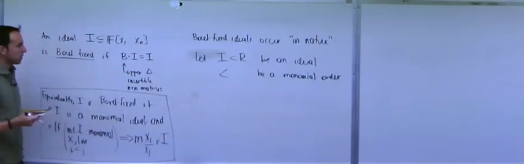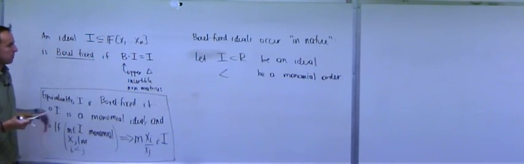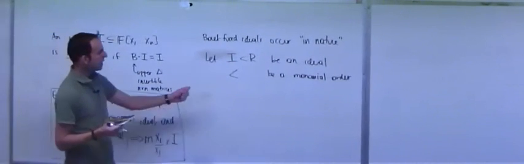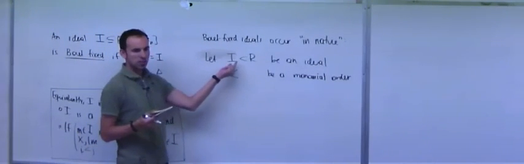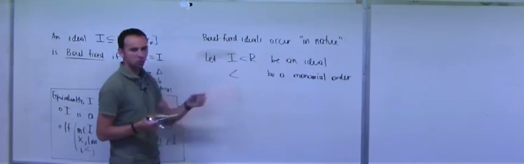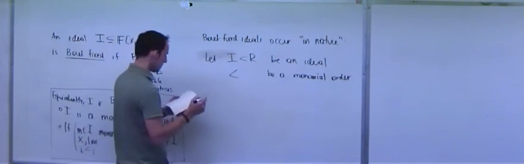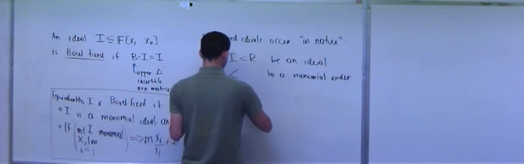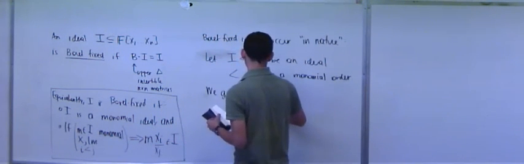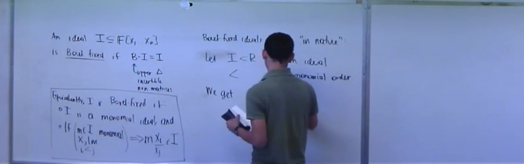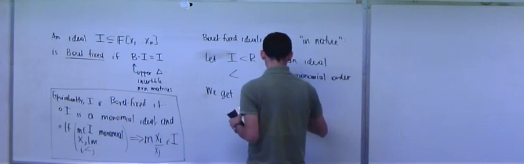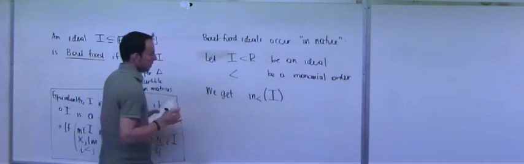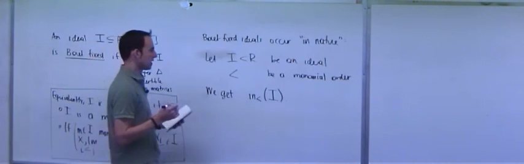We already talked in much detail about what happens when we look only at the leading terms of the ideal with respect to this monomial order. So we get this initial ideal, right?